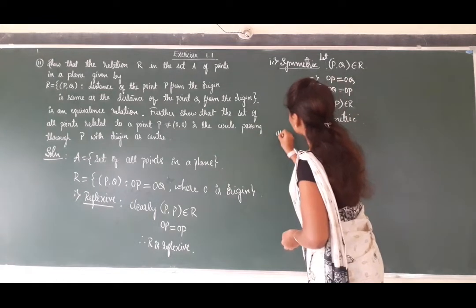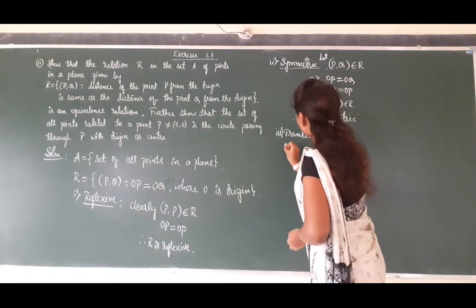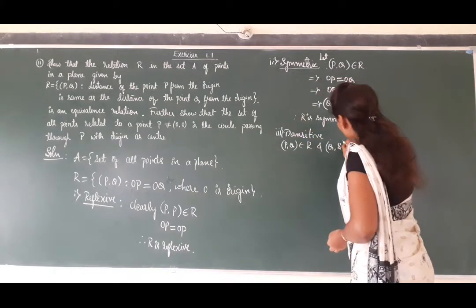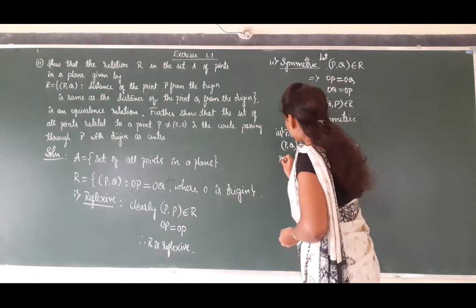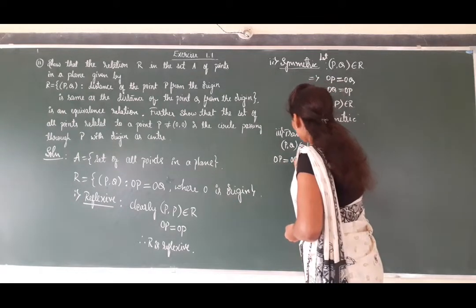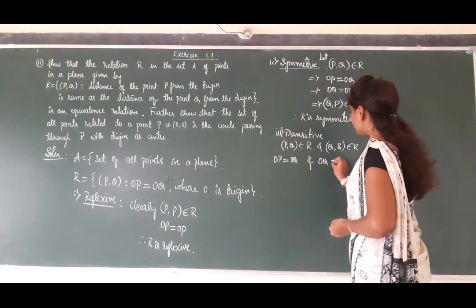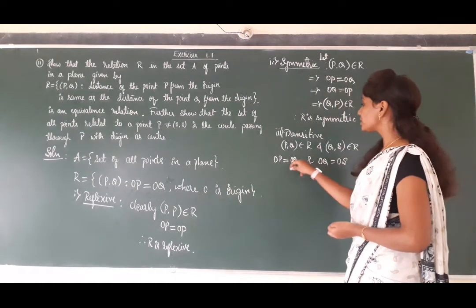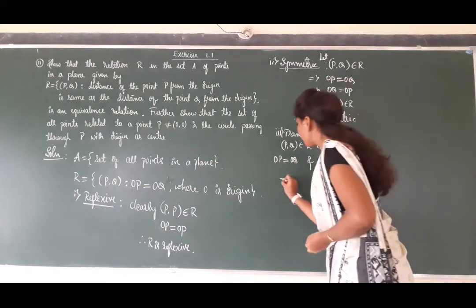Now comes the third point, transitive. For transitive, I take two ordered pairs: (P, Q) belongs to R and, taking the element S, (Q, S) belongs to R. (P, Q) belongs to R means the distance of the point P... Here, what do we get?